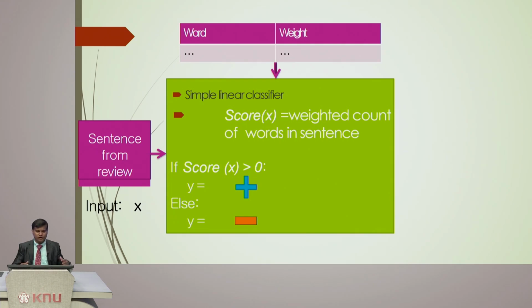That is, the output is going to be positive, or else it is going to be negative. Now things are getting simpler as it covers most of the parts, because we have actually remodeled our whole classifier, and now this classifier looks better.